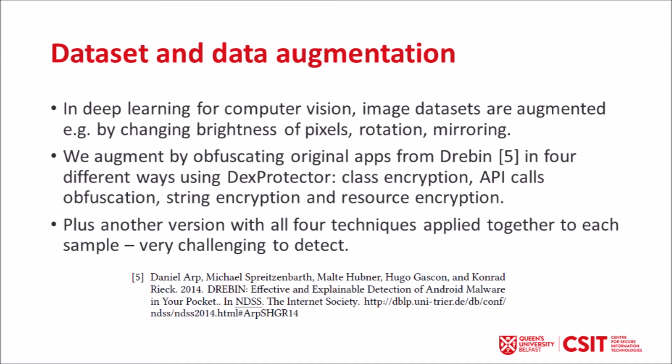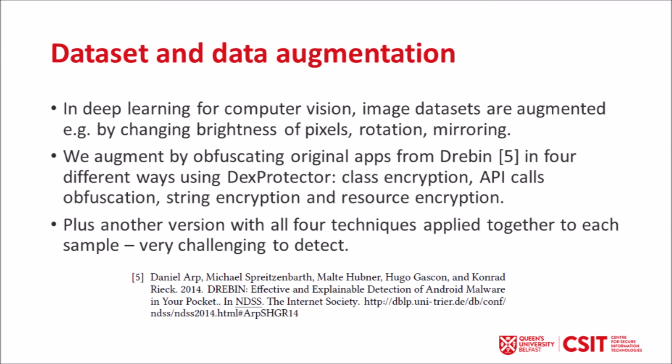So what is data augmentation? Well, in deep learning for computer vision, data sets are augmented by adding noise to pixels, changing brightness, rotating the images, etc. And we do similar by taking the original apps and obfuscating them in different ways. The original benchmark data set we used was Ziming, which has 5,560 malware apps.